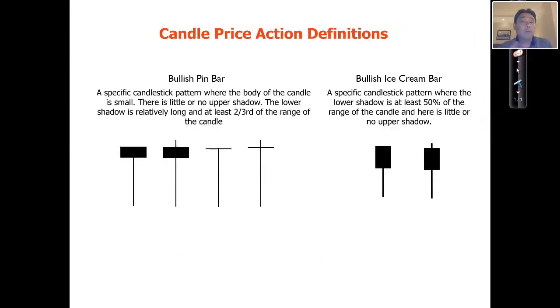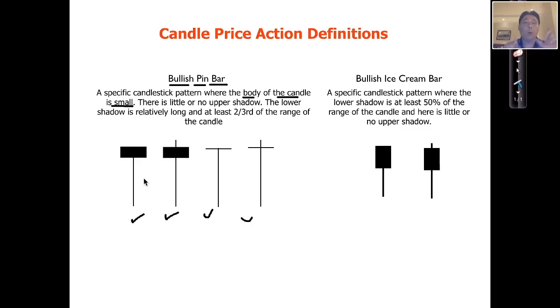Okay, let's move on to more candlestick price action definitions. Next is to understand what is a bullish pin bar. Okay, so a bullish pin bar is a specific candlestick pattern where the body of the candle is really small. So take a look at these four candles. 1, 2, 3, 4.